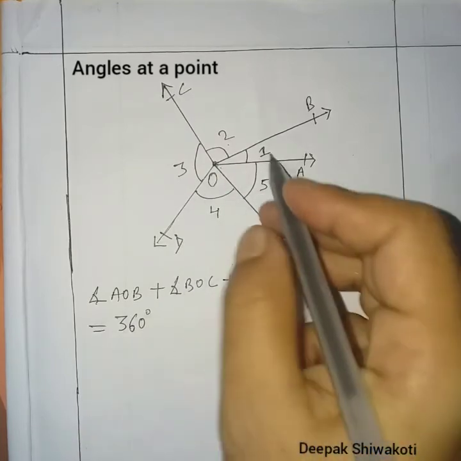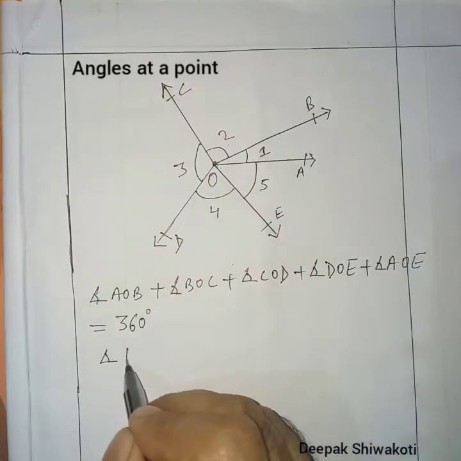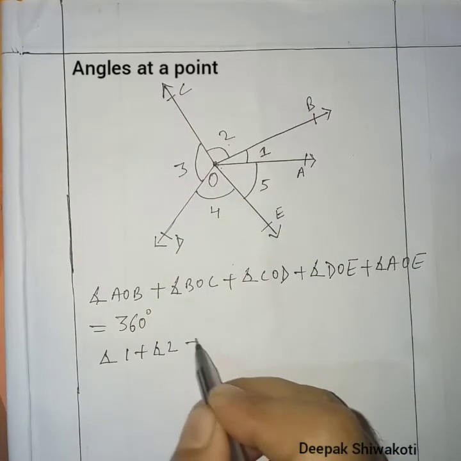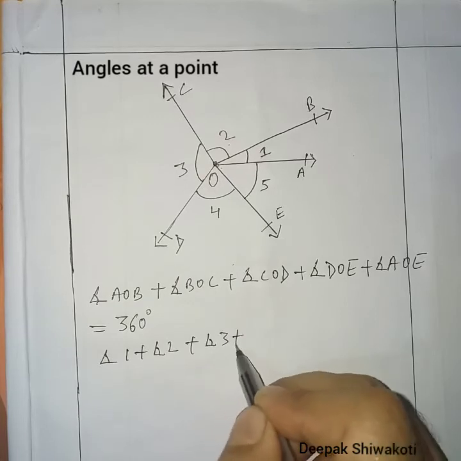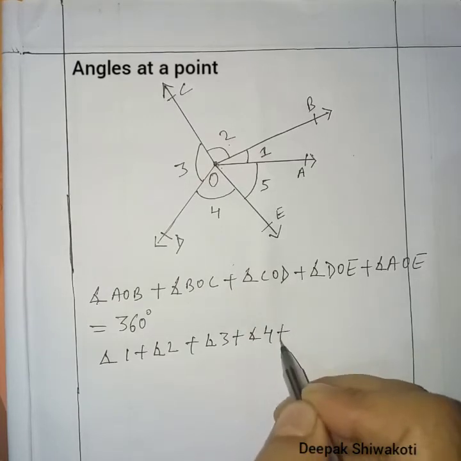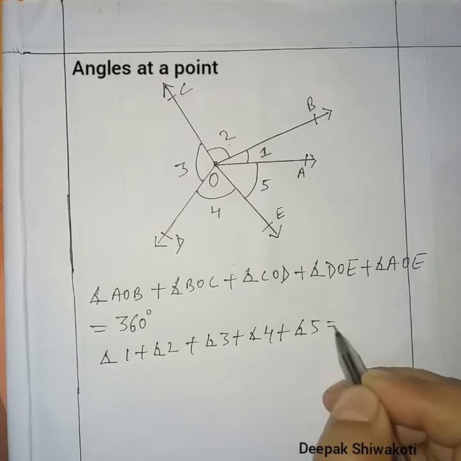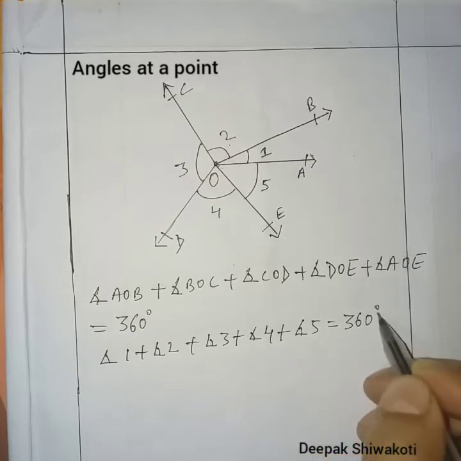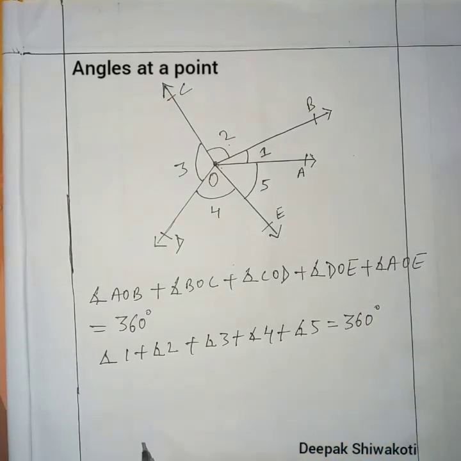You can write angle 1 plus angle 2 plus angle 3 plus angle 4 plus angle 5 is equal to 360 degrees. This is the property that we need to remember.